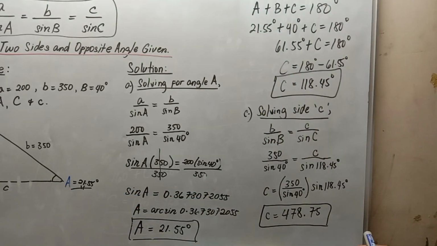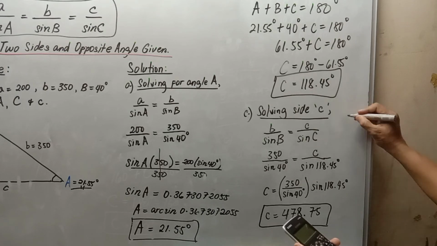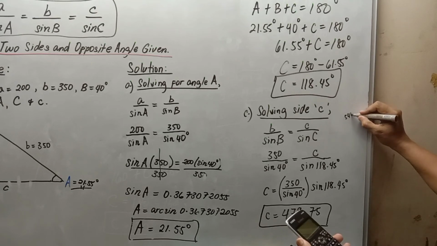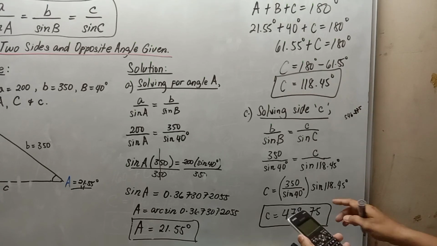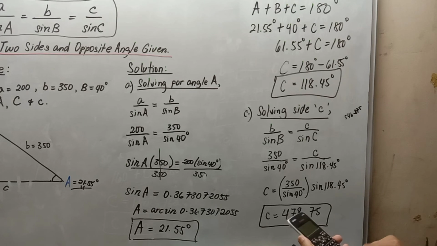Now let me double check once again, guys. Sine 40 degrees is 0.64. So 350 divided by 0.64 is 546.87, times sine 118.45 degrees.